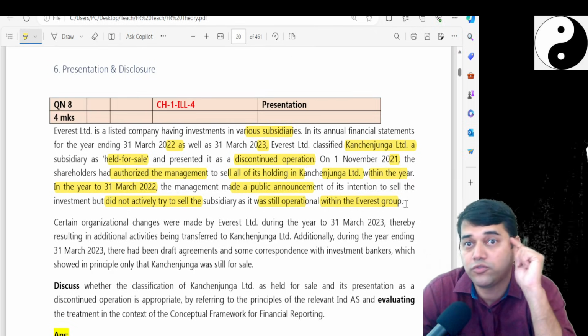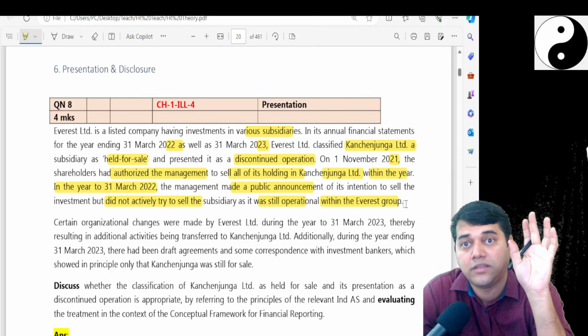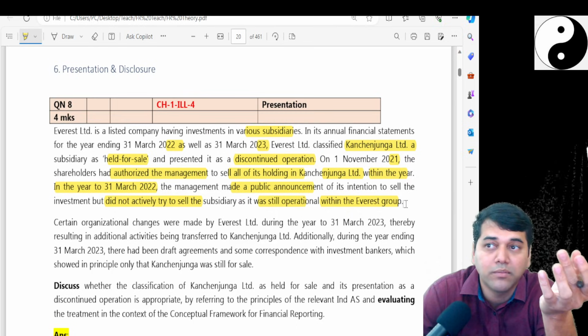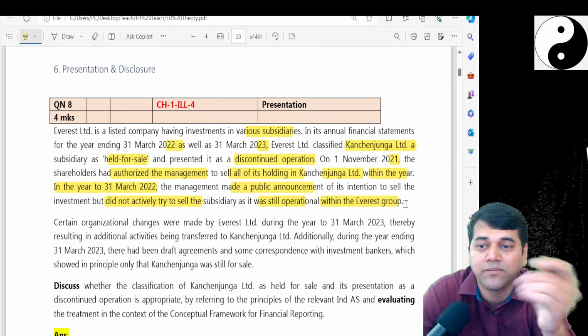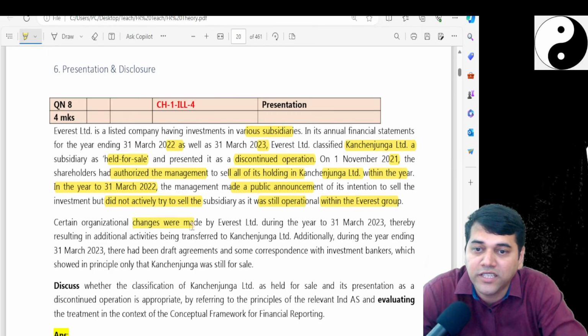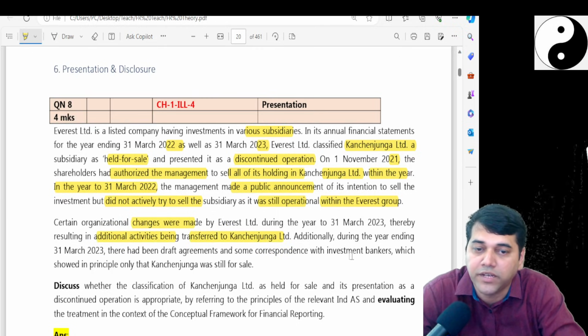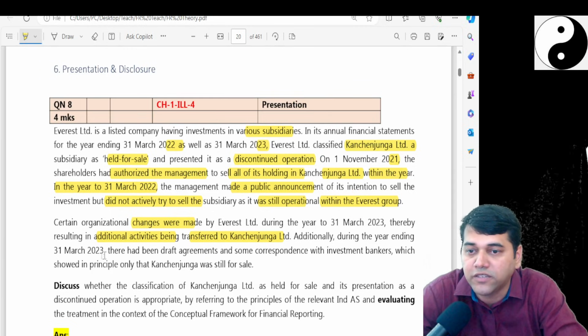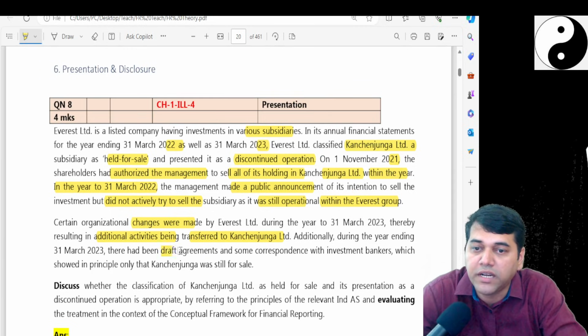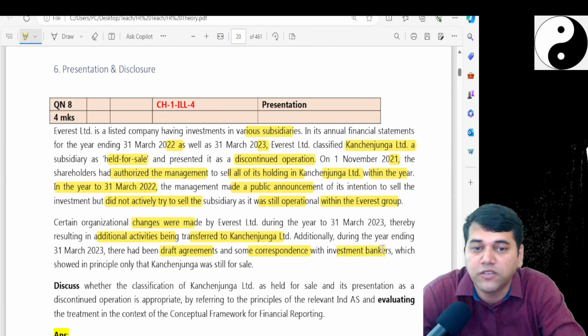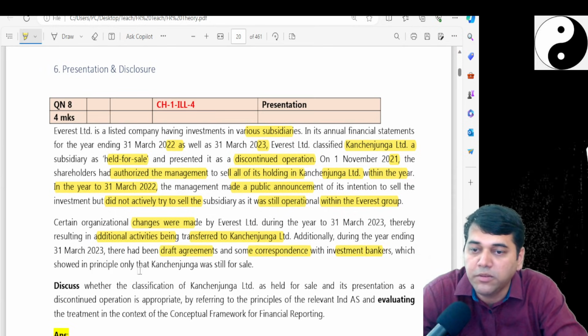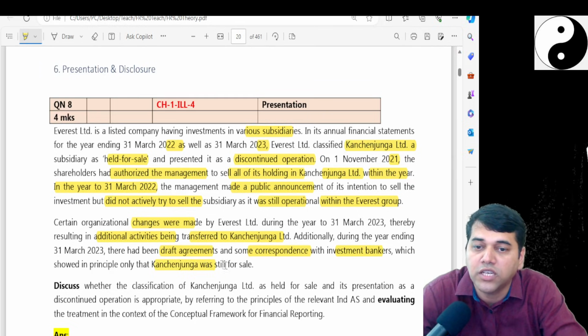Now 105 should say, can you classify it? There are conditions, no? It should be highly probable, you should have actively marketed. Now certain organizational changes were made by Everest during the year, thereby resulting in additional activities being transferred to Kanchenjunga Limited. Additionally, during the year ending 31st March 2023, there had been a draft agreement and some correspondence with the investment bankers, which showed in principle only that Kanchenjunga was still available for sale.